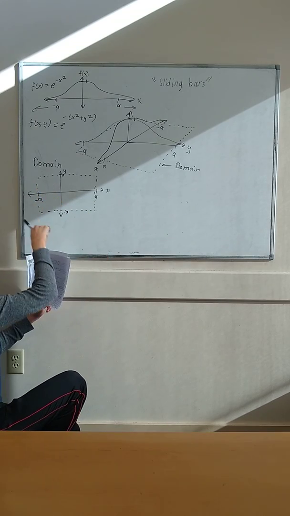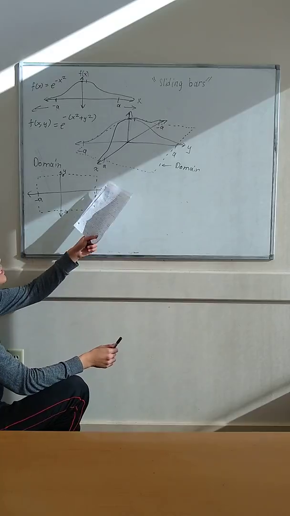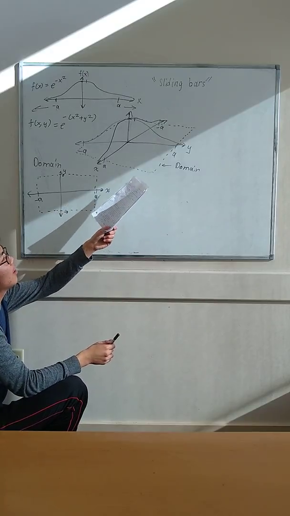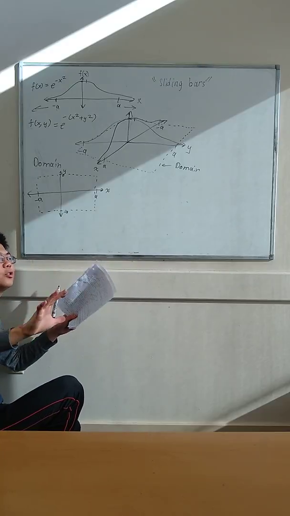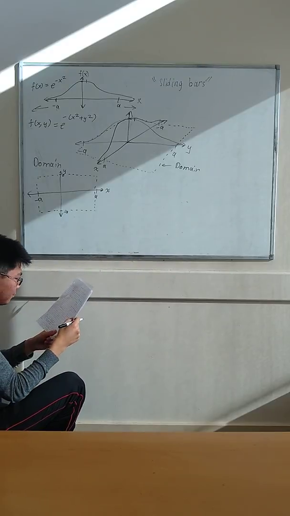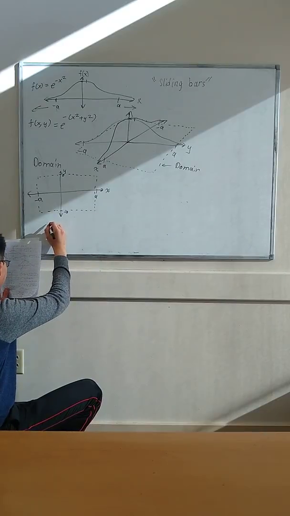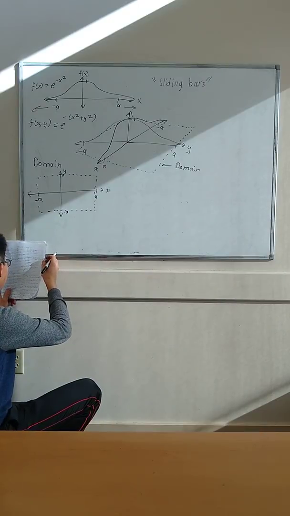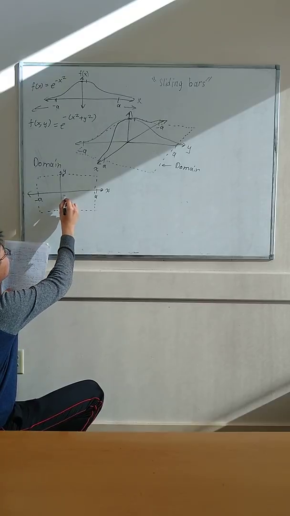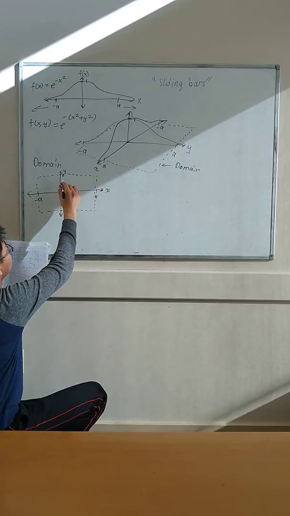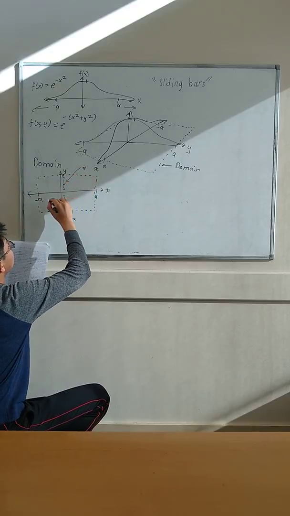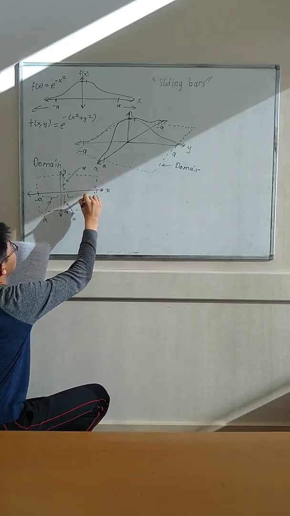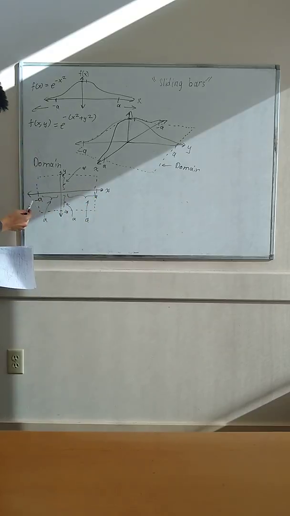We're actually going to integrate within this domain. And in this case, both the a's on both the x-axis and the y-axis are going to be pulled toward infinity and negative infinity. So this is of length a right here. This is of length a right here. This is of length a right here. And this is also of length a right here.